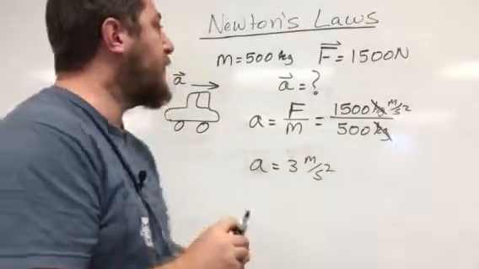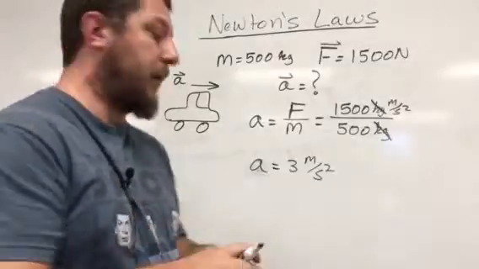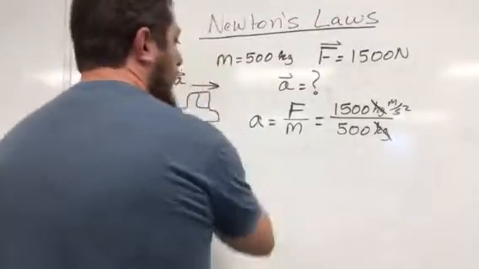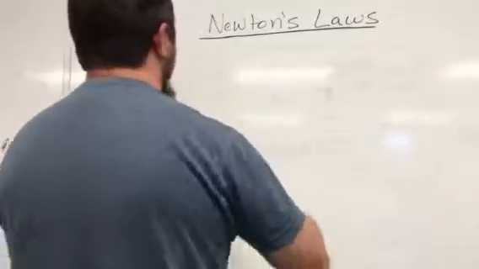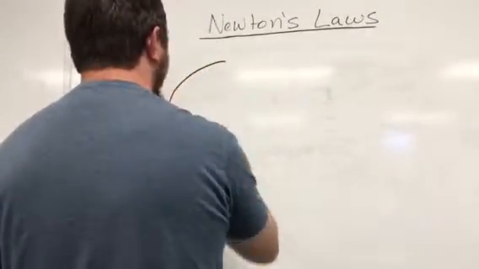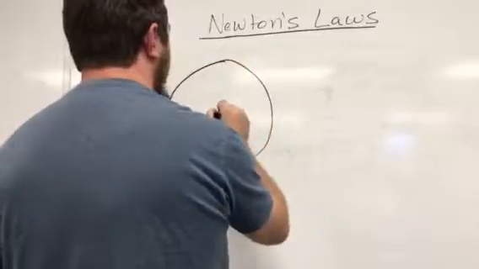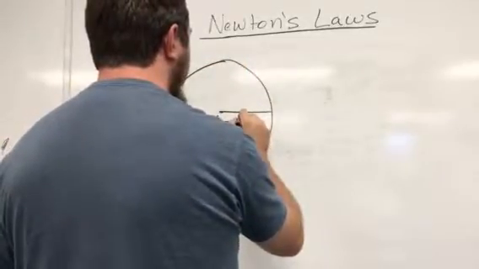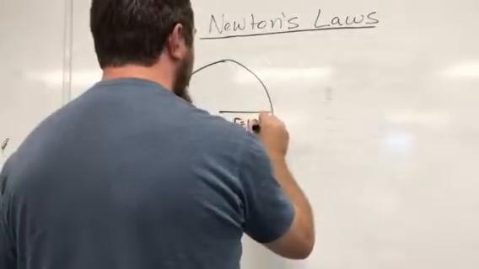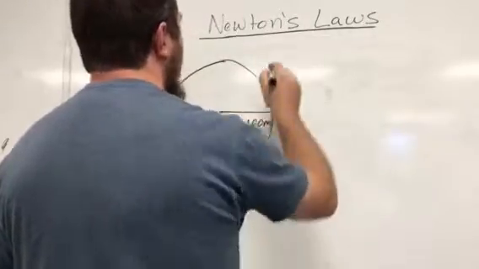Now let's do an example of centripetal acceleration, and let's let the same car be moving around a circular track, all right? And let's let the radius of the track be 100 meters, right?